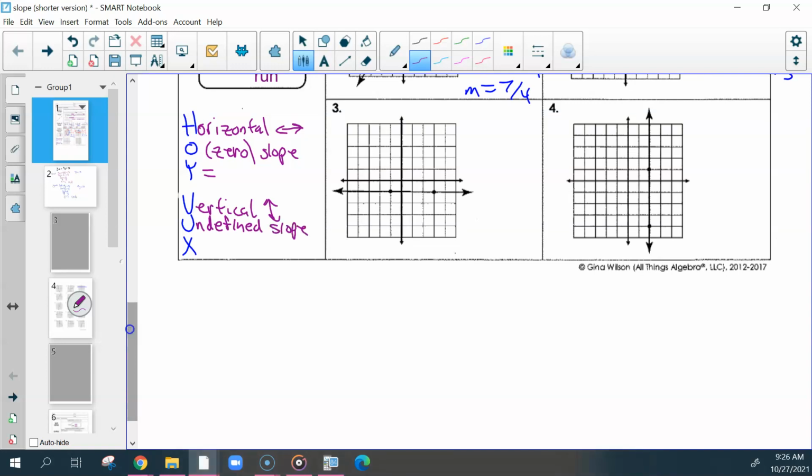Or you can just put U in D. And these are usually x = equations. So anytime you see a horizontal or vertical line, think in your mind, Hoyvux. Does this have a 0 or undefined slope? Yes. Vertical lines are always x =.